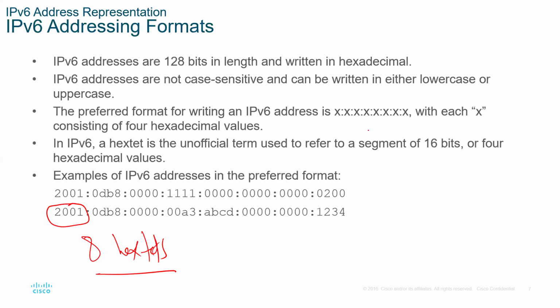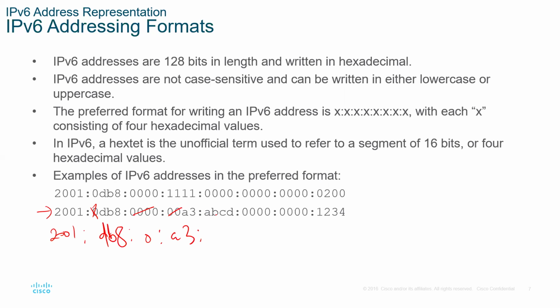Another example, let's reduce this one. So this one becomes 2001:db8. We've removed this one. Then we remove the first 3 zeros here, then A, B, C, D, then 1, 2, 3, 4.